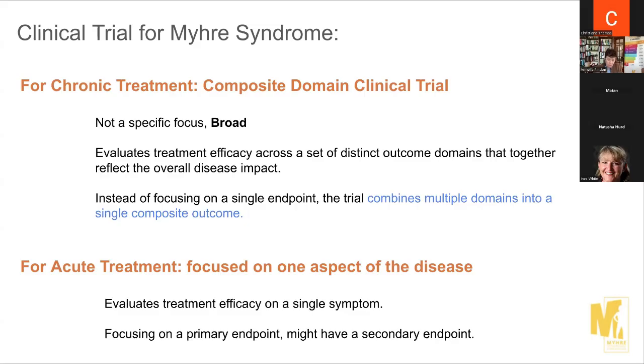It doesn't mean that we are going to measure everything, but we are going to select the domains by relevance to the maximum number of patients that we can include, and if there are measures that are standardized and relatively easy and already tested in other diseases.